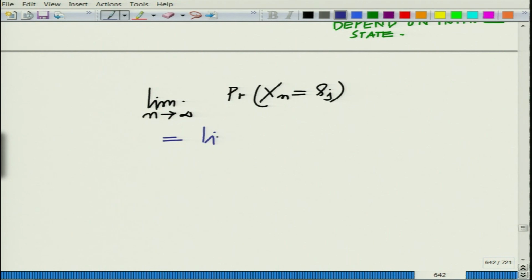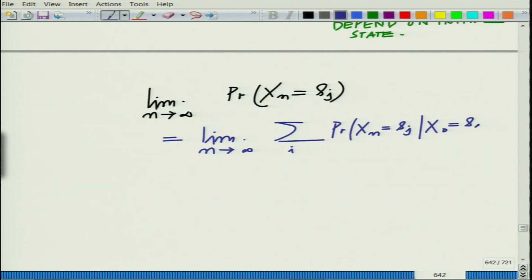It is the limit n tending to infinity of the summation over i of the probability Xn equal to Sj given X0 equal to Si times the initial probability X0 equal to Si.